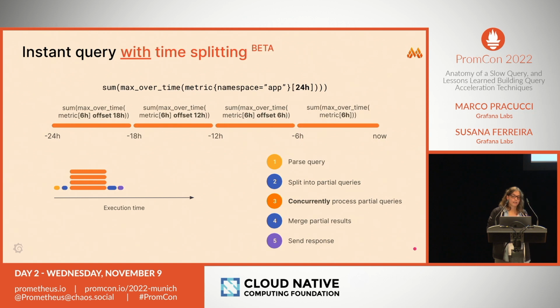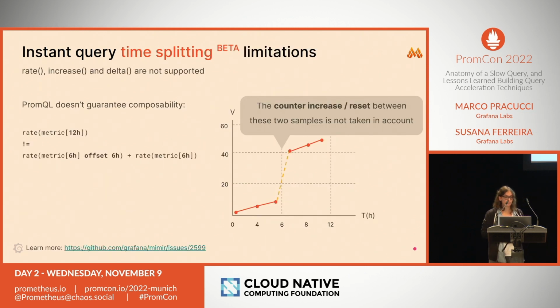The second partial query will do an offset of 6 hours and then look at those 6 hours, and so on and so forth. And we can see that we are able to run all of these partial queries in parallel, similar to what we saw on the range query with time splitting.